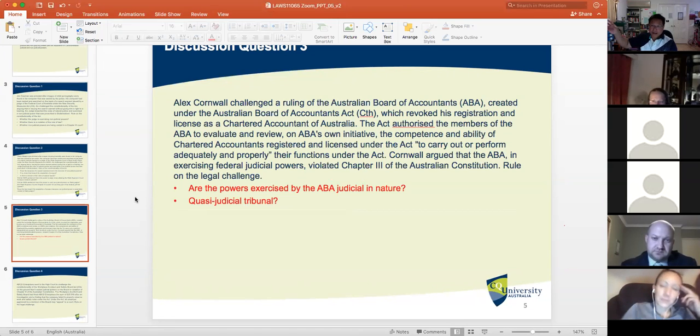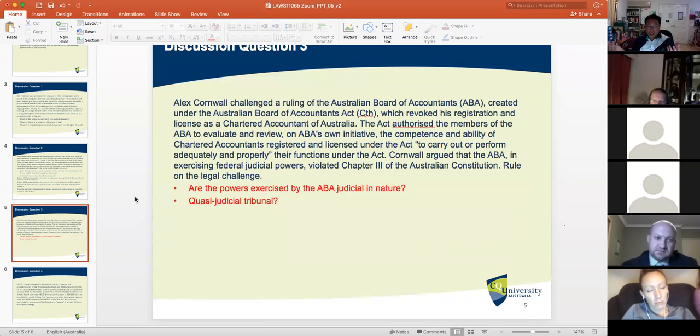So the body to which Alex Cornwall can bring that matter, because there would then be an actual controversy in relation to his right to a license, brings up the question of whether he should go to the courts or to an administrative tribunal.